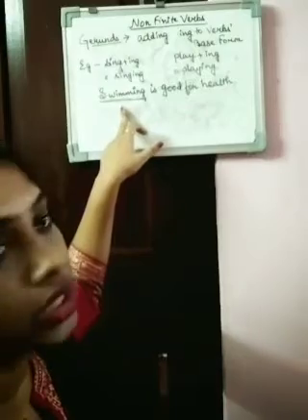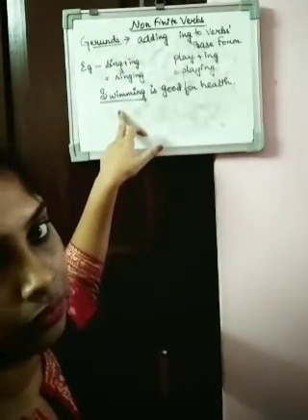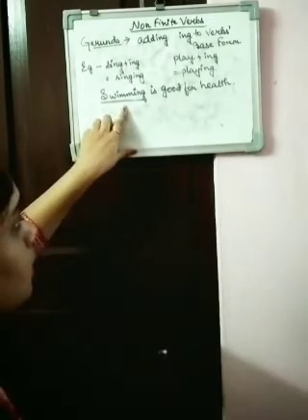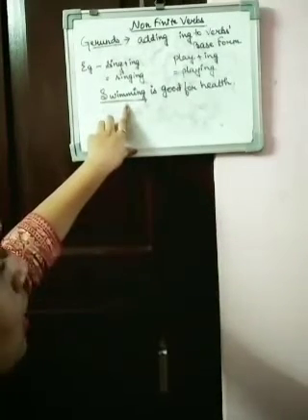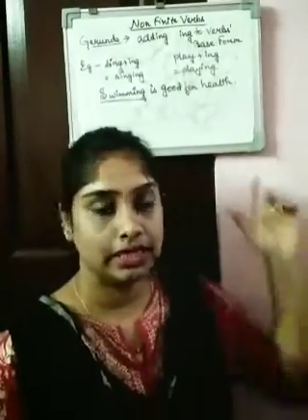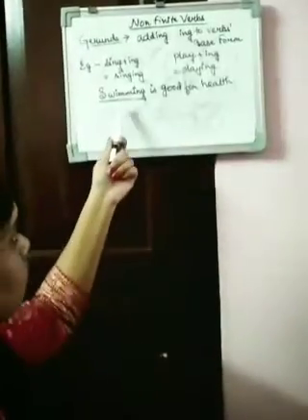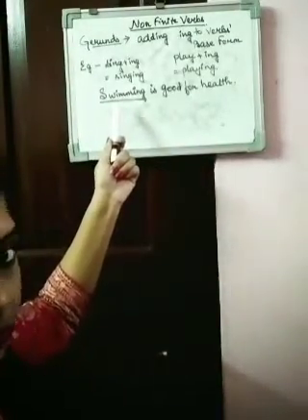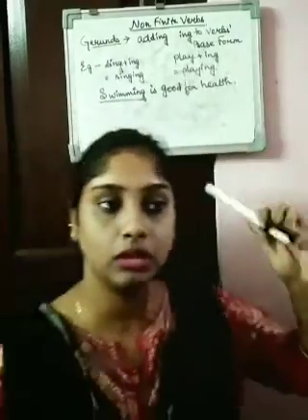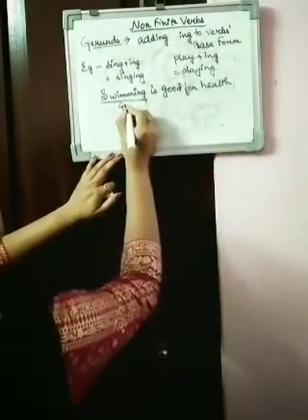What is good for health? What are we talking about? We are talking about this particular thing, so it is acting as a noun. Swimming looks like a verb, but it is a noun.